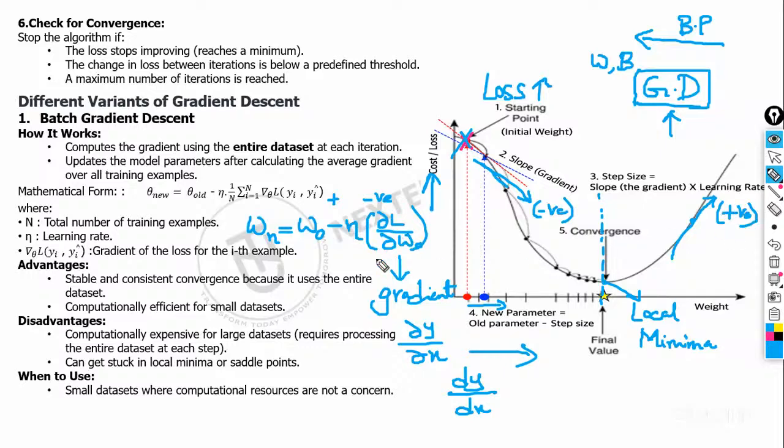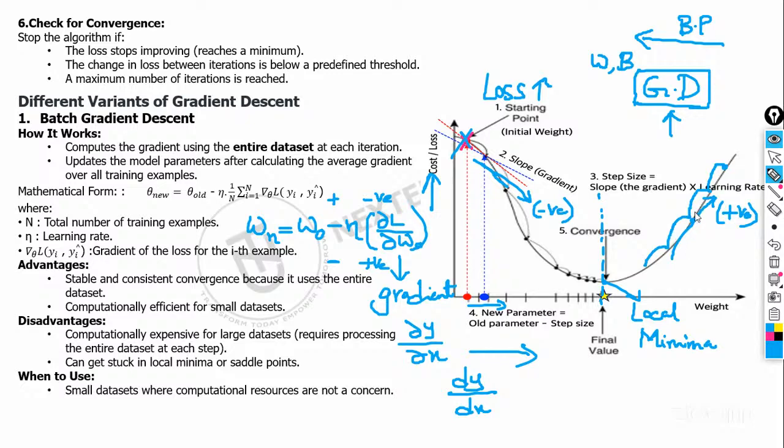Positive multiplied with negative gives a negative output from the old weight. From the old weight, you are going to remove some value, so obviously the weight gets reduced to here, then here. This is called convergence.